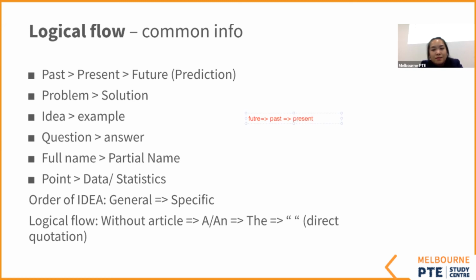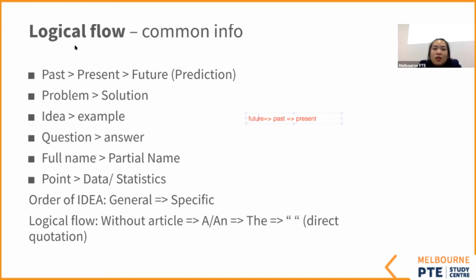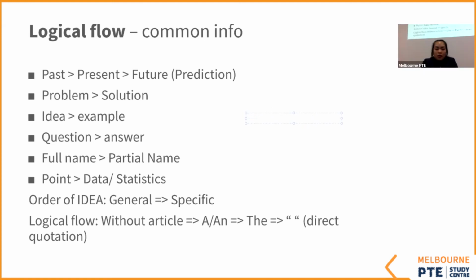Does it make sense? Future, past, present? No, right? Correct. So the logical flow needs to be past, present, and then future. Again, without the problem, can you give me a solution? We cannot find a solution, so it needs to be problem first and then solution, right?